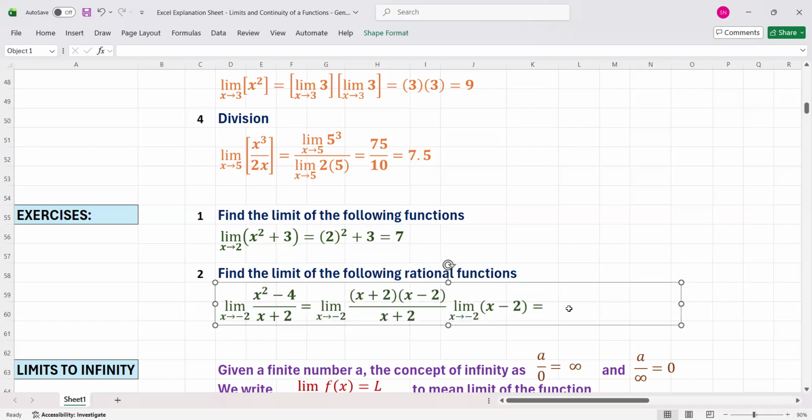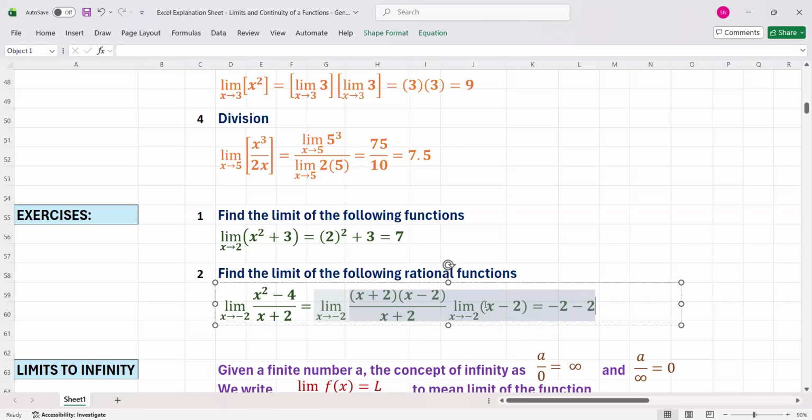So please, for a rational function, when you are supposed to find limits, make sure you expand and make sure you have simplified to the lowest fraction before you substitute. Or else you may get an answer which is not what you expect. Okay, so this will be minus 2 minus 2.